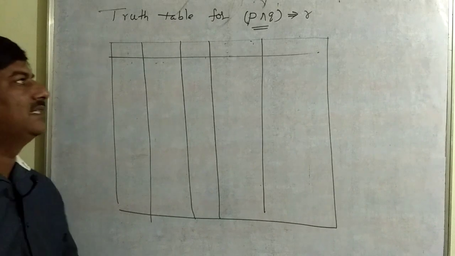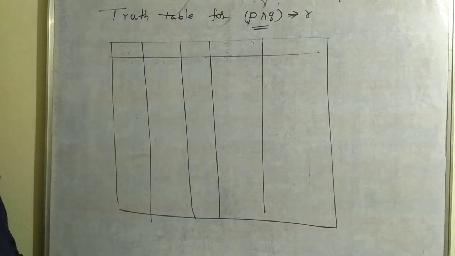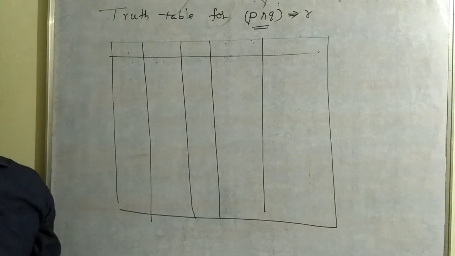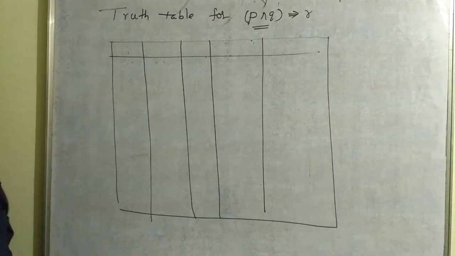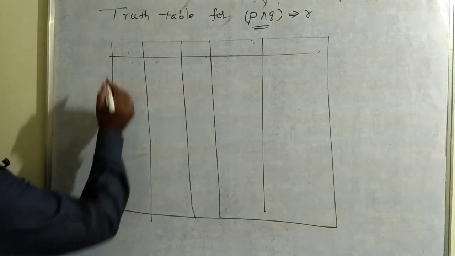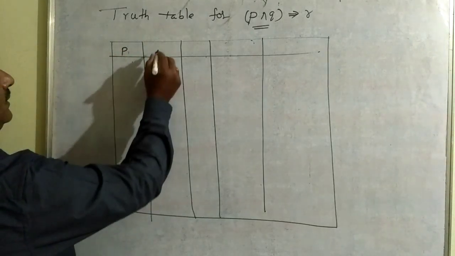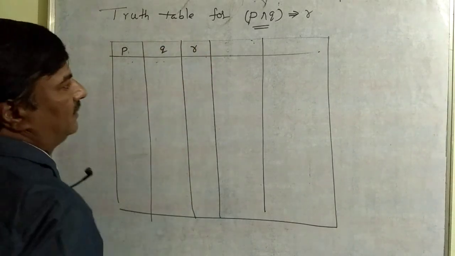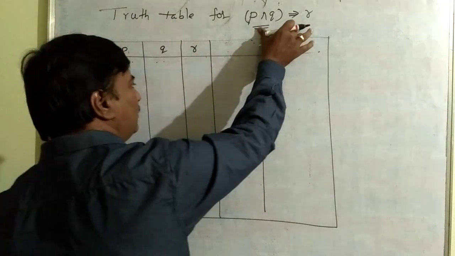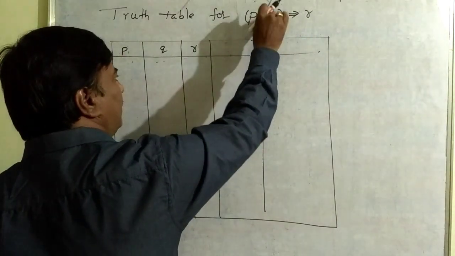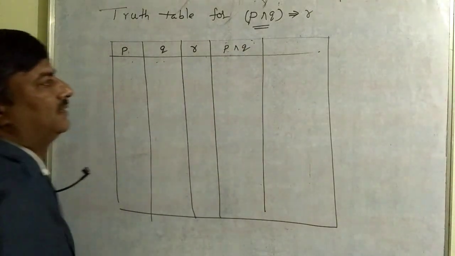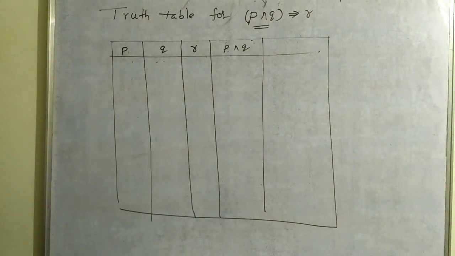Table for P conjunction Q implication R. That is the combined statement with three statements. Combined statement with three individual statements. Now let's consider here P, next statement Q, next statement R. Now to write the truth table for this, first prepare P conjunction Q, and then go for the final result.